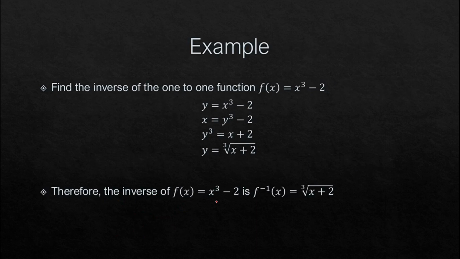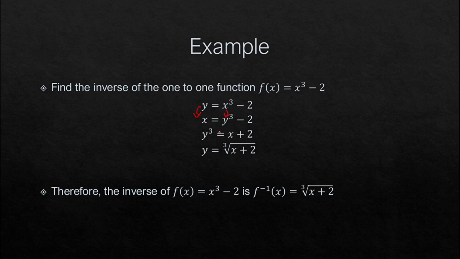Sample: find the inverse of a 1-to-1 function. F of x equals x cube minus 2. You change f of x to y equals x cube minus 2. So y changes to x, and x to y.